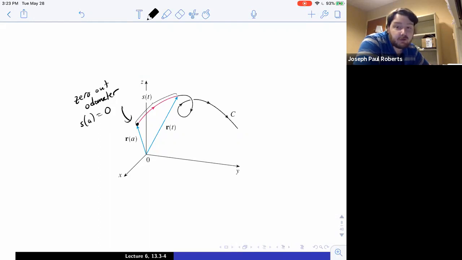If I zero my odometer at time equals a, then my odometer says 0 at time equals a. That's what s of a equals 0 means. And then all this is doing is telling you that at time t, I've traveled s of t units, that my odometer says s of t.